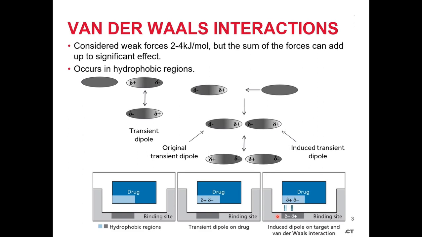Now this is called a van der Waals interaction. The van der Waals forces are the forces that dictate the movement of the electrons and the subsequent attraction between the groups. And so this interaction can form between the drug and the binding site on the target.